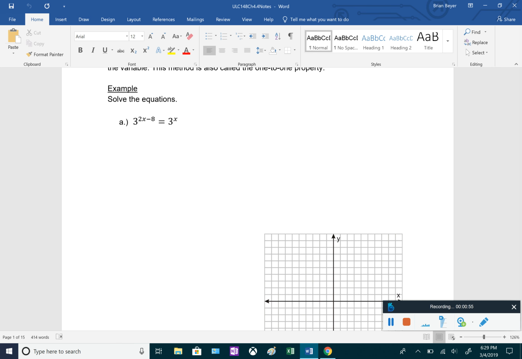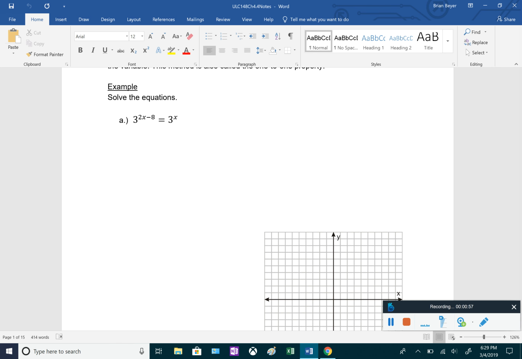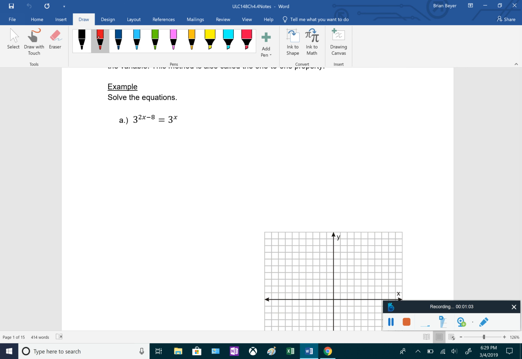Okay, so for example, let's solve this equation here. We have 3 to the 2x minus 8 equals 3 to the x. We want to figure out what x value makes this equation true. The first thing we should realize is that these are exponential expressions on both sides with the same base.